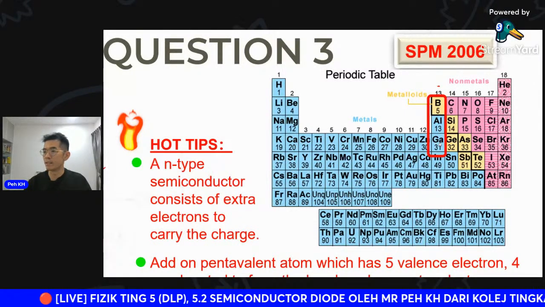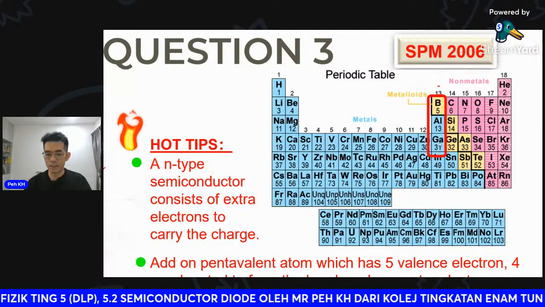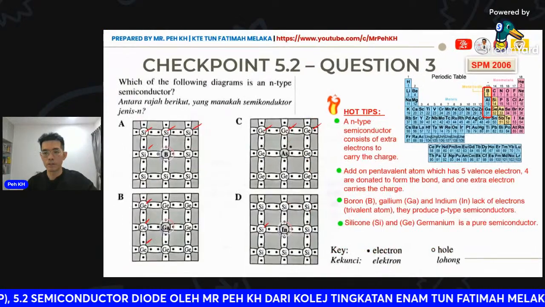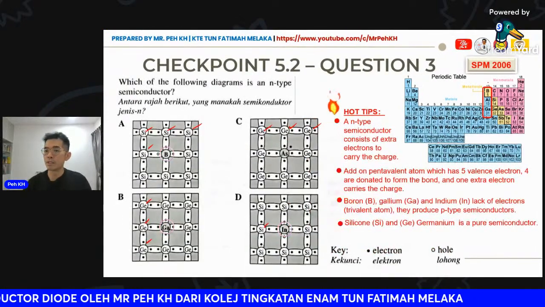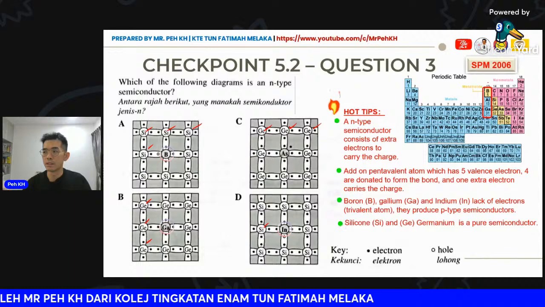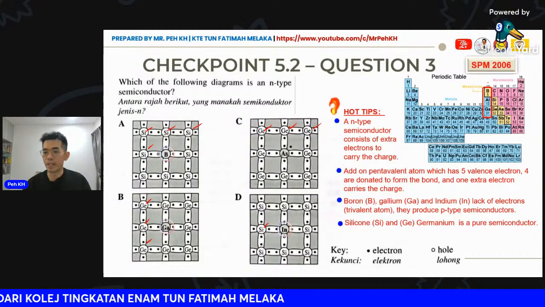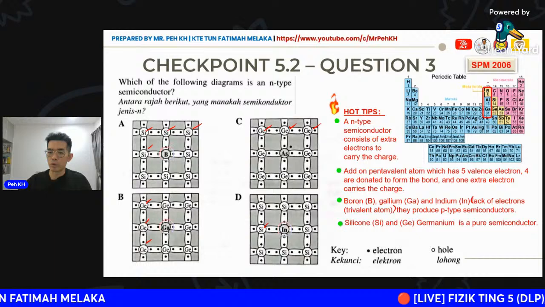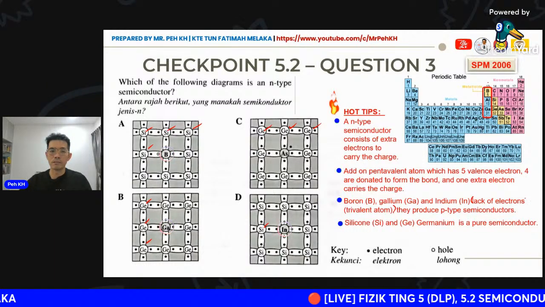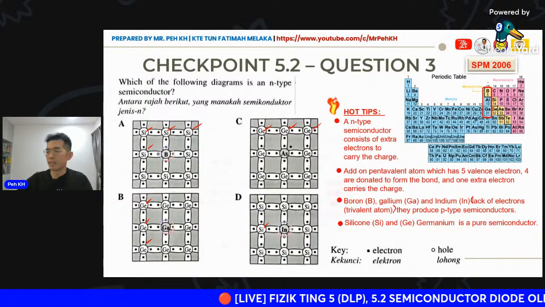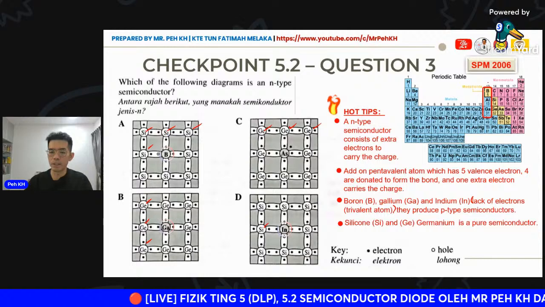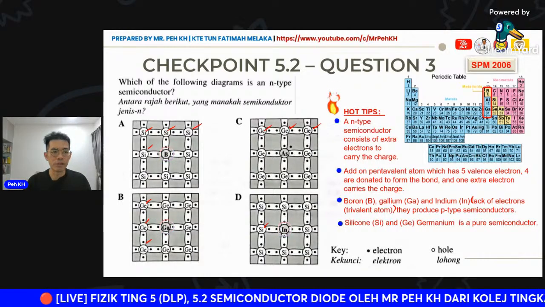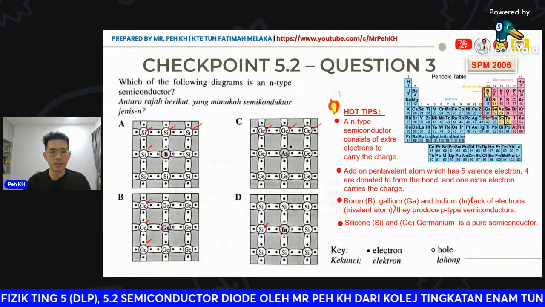So they are the trivalent atoms. Okay, so they will form majority carrier as holes, as they lack one electron. Okay, so they will form P semiconductor, but not the N-type semiconductor. Okay, so here the answer is very clear, they will not be A, B, and D.